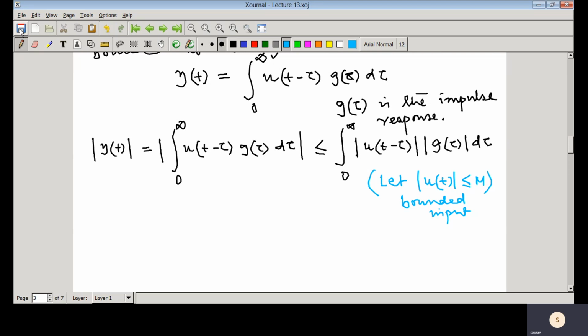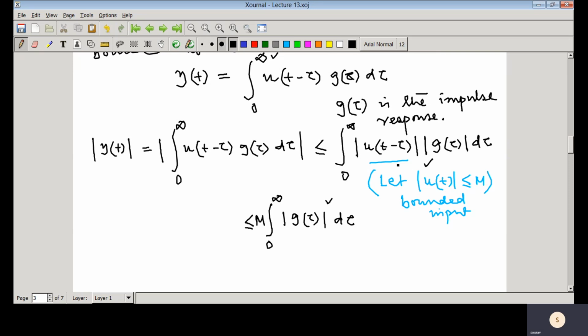So if we replace u(t minus tau) here, what will we get? It is less than or equal to M, a constant, times the integration from 0 to infinity of the mod of g(tau) d tau.